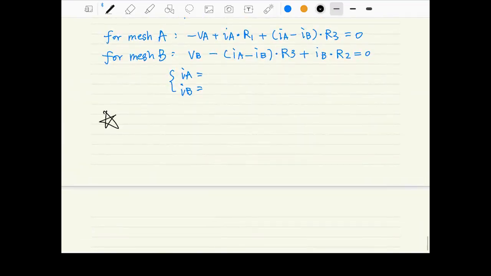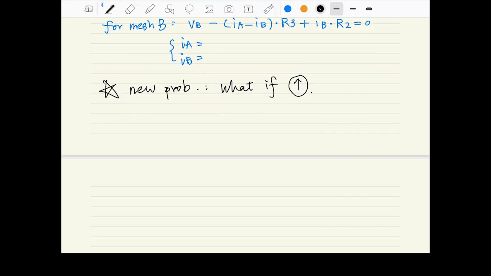And for mesh B, it should be VB minus I3 times R3, and then plus IB times R2 equals 0, right? Assuming that we already know the values for VA and VB and the resistances, we now only have two unknown variables. We can solve them by combining the two equations here, and then you will get what you want.